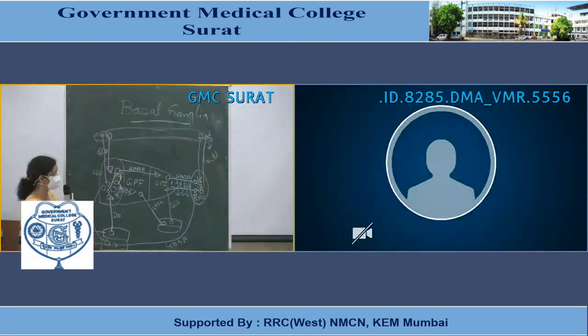Today we have discussed just the anatomy and the circuit pathways of the basal ganglia. In the next class, we are going to discuss the functions and disorders of the basal ganglia.